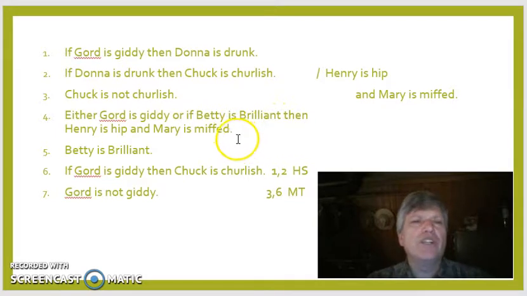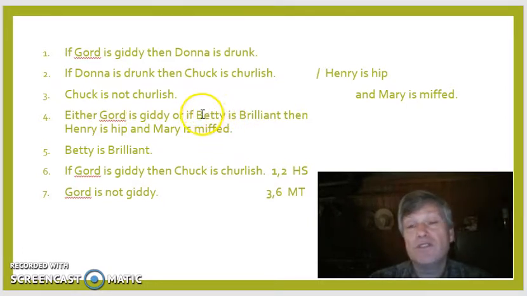Well, what can I do now? Notice that line 4 is a disjunction. It's either Gord is giddy or, and then the rest of the statement, okay? But or is the main connective in this sentence. And then I notice I've got the negation here of this first disjunct of this disjunction. So that fits another one of the patterns that we've learned.